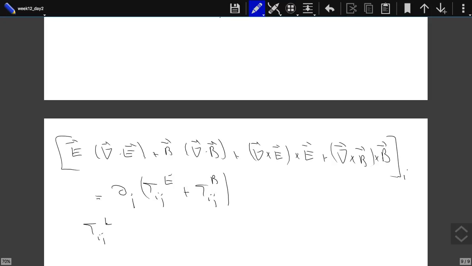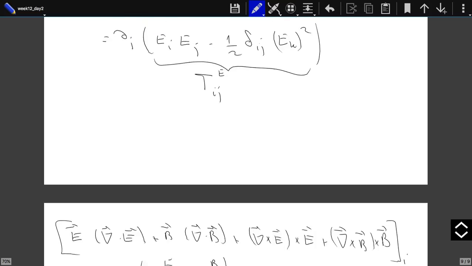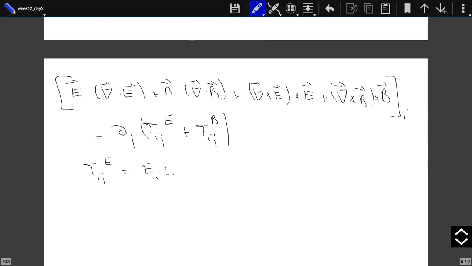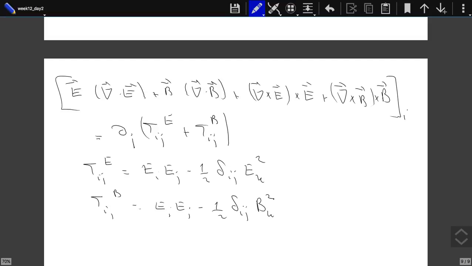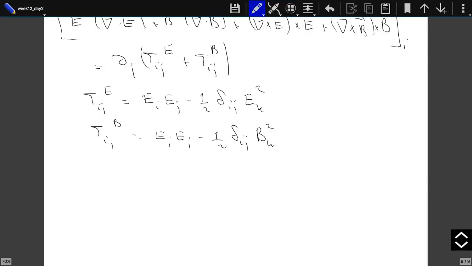Tije is equal to E_i E_j minus 1 over 2 Kronecker delta ij E_k squared. Tijb is equal to B_i B_j minus 1 over 2 Kronecker delta ij B_k squared. Now this sum, I will just call Tij. This is called the energy momentum tensor.